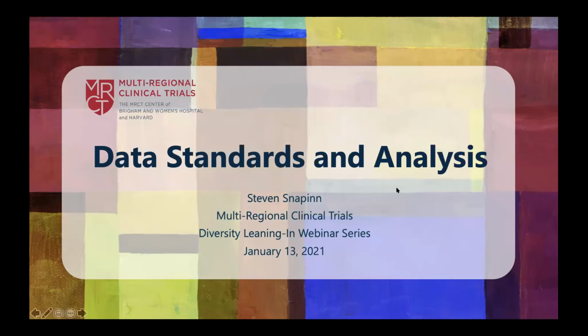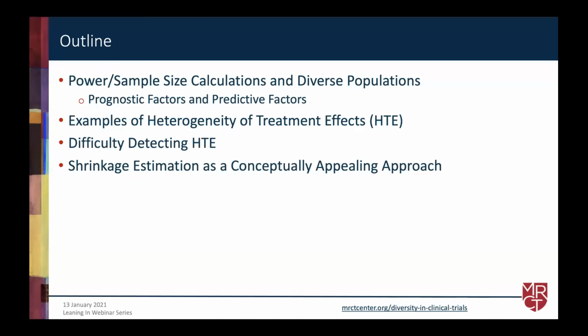Diversity of clinical trial populations poses some important challenges for clinical trial sponsors. Due to these issues, there are some places where scientific objectives and sponsors' incentives don't always line up. As a brief outline of my presentation, I'll talk a little bit about the impact of diverse populations on power and sample size calculations at the design stage of a clinical trial.